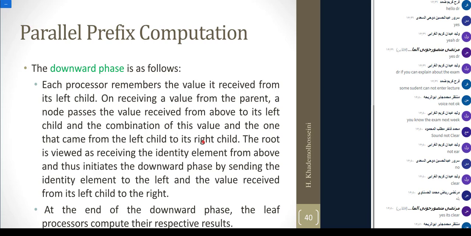So each node saves the value received from the left child, and then one value is received from the parent, from up. The value received from up is transferred to the left child.